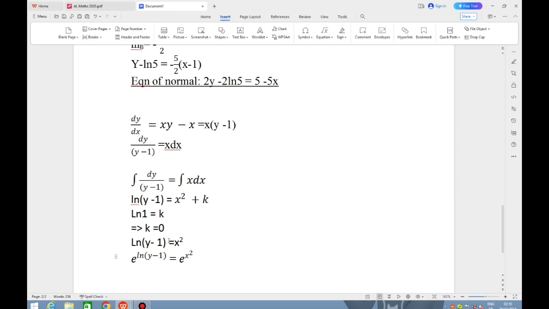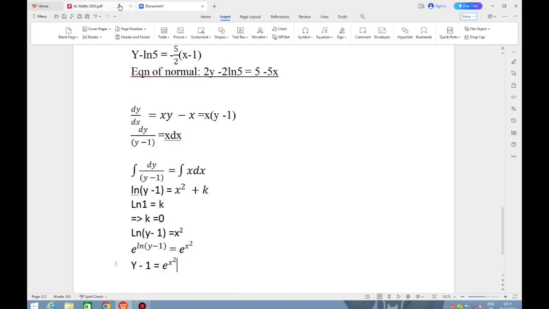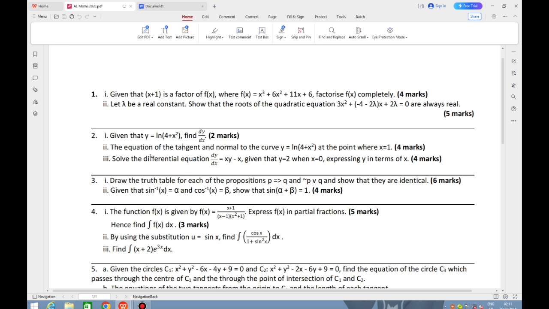And now e raised to ln of any value is simply equal to that value, so that's going to be y minus 1 is equal to e to the x squared. And that's the answer of question 2 Roman 3.